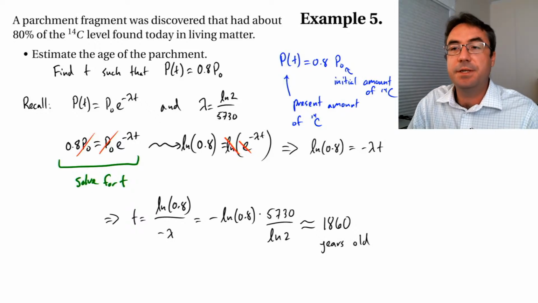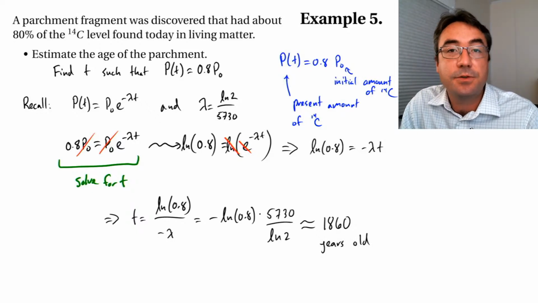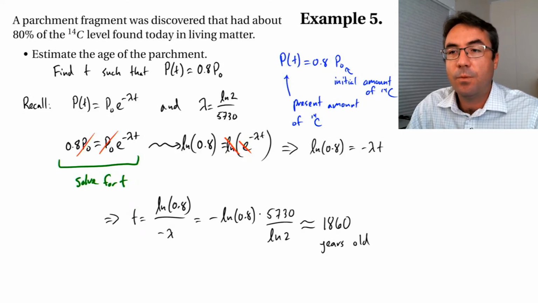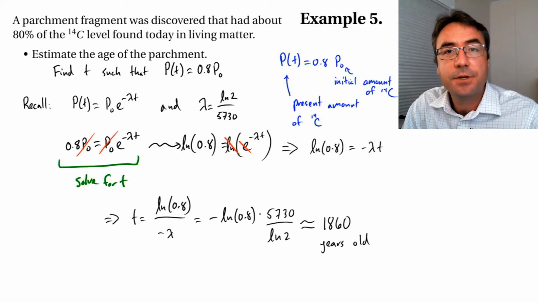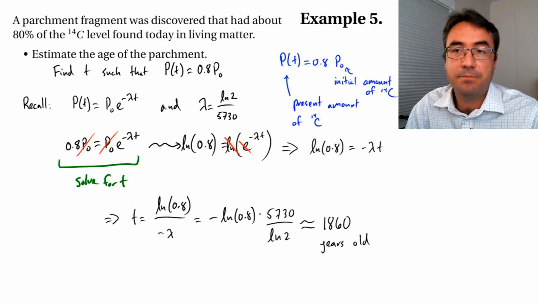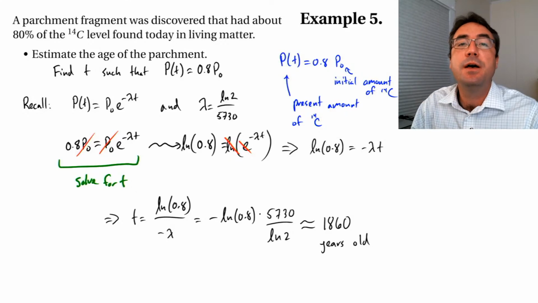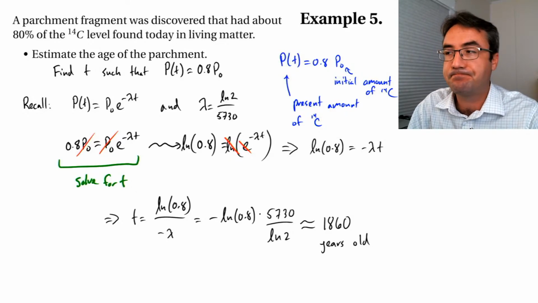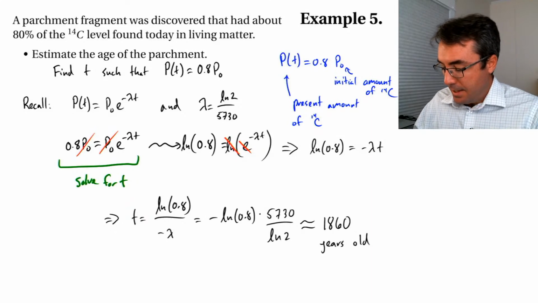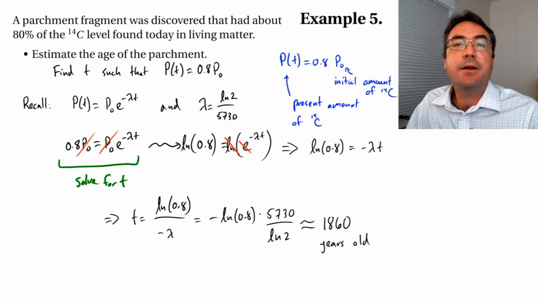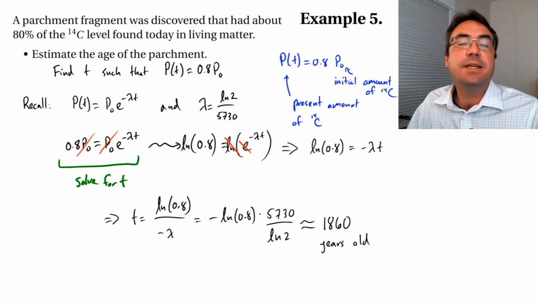So this parchment is approximately 1,860 years old. And why is the unit years? Well, the half-life was given in years. So back in that previous example, the half-life was 5,730 years. All right, so we can use carbon-14 to date living matter in recent history.